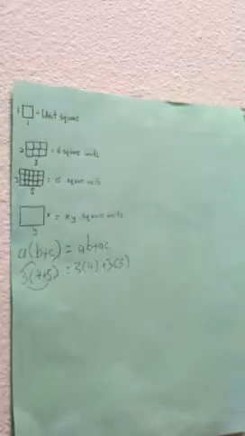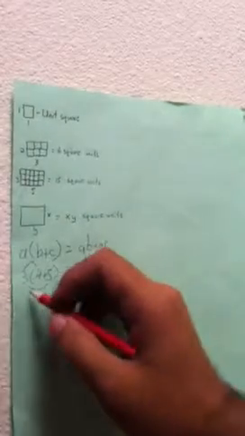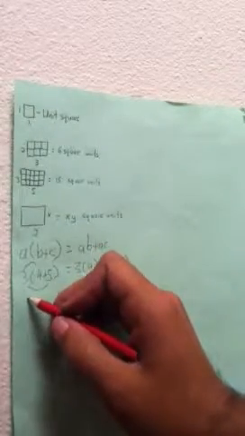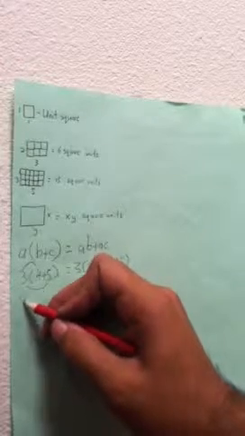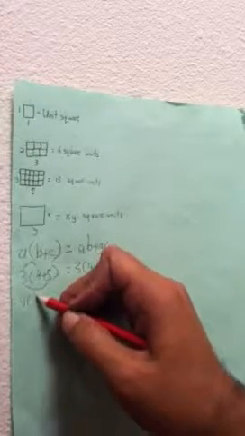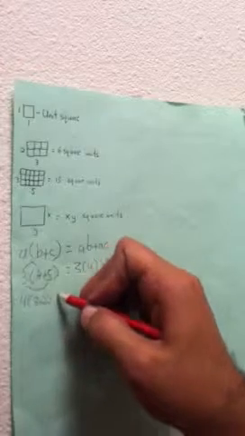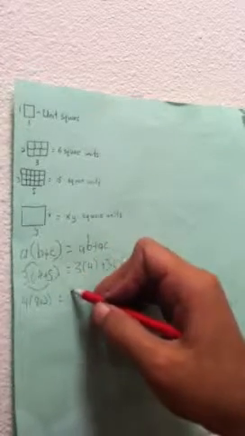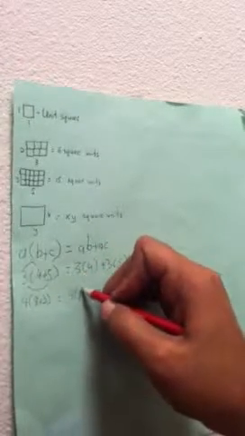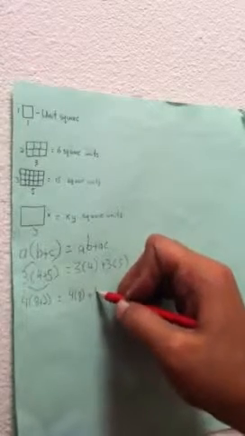And if we have 4 times 8 plus 2, that would equal 4 times 8 plus 4 times 2.